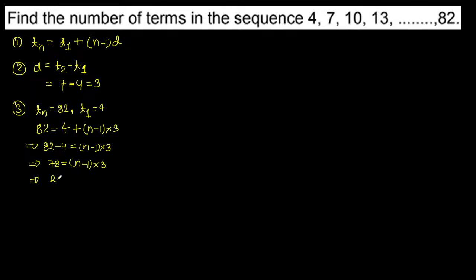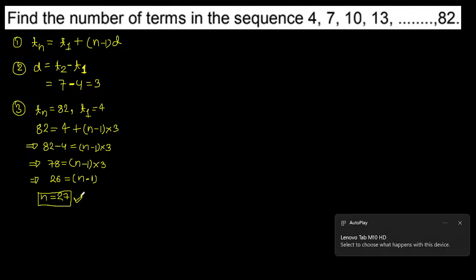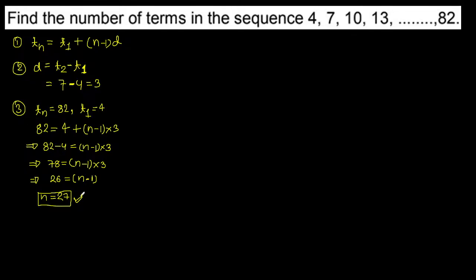This is 26, which is n minus 1. This is n equal to 27. ओके, तो नंबर ऑफ टर्म्स हो गए 27.